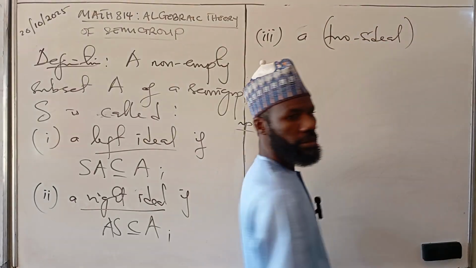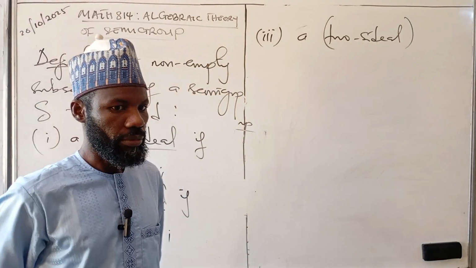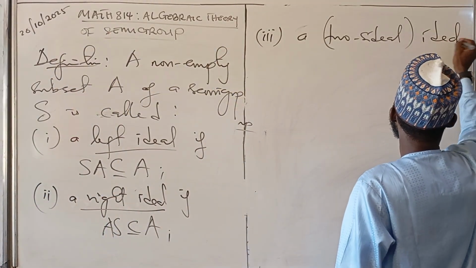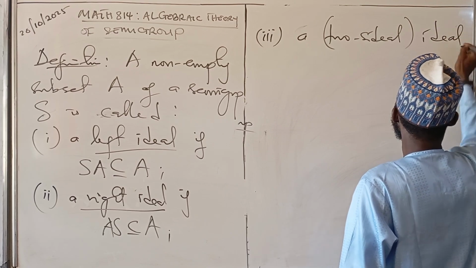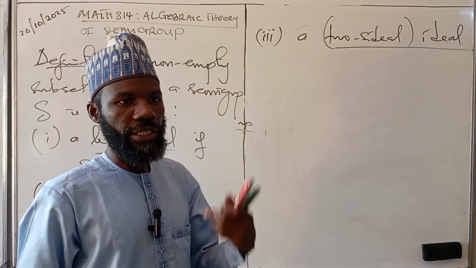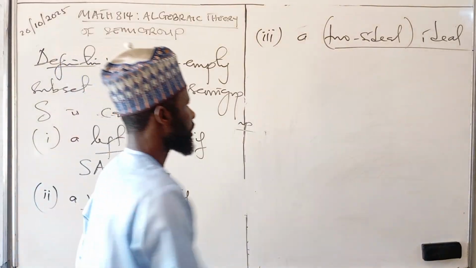But this prefix doesn't always have to come. Two-sided, you can just call it an ideal. So you don't have to emphasize two-sided.